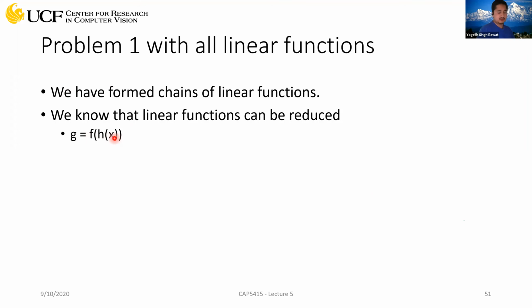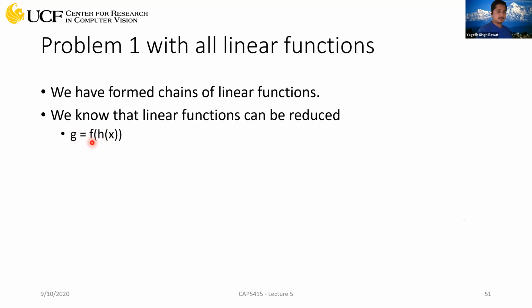If X is your input, then H will be the function which represents the first layer, because it's just a linear combination. So H(x) is a linear combination of the input. And if you pass that to the next layer, that will be a linear combination again using the second layer, and then you get the output.